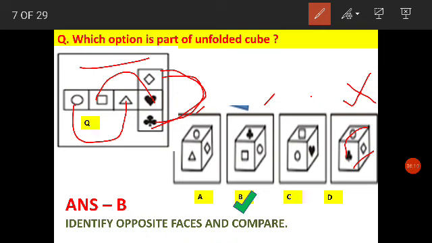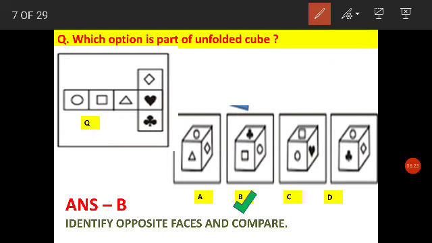Now similarly, you examine option B. Now square and round are together. So that is possible. They are together here. And then with club, the one combination is square and the other combination is round.